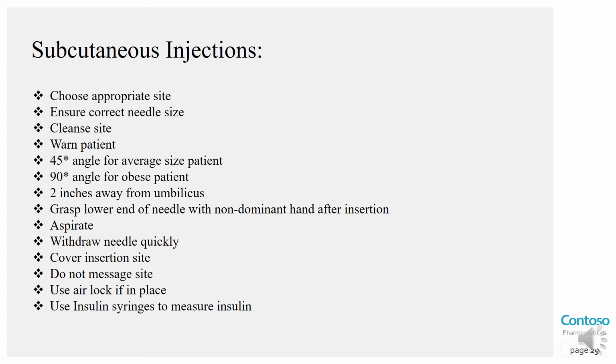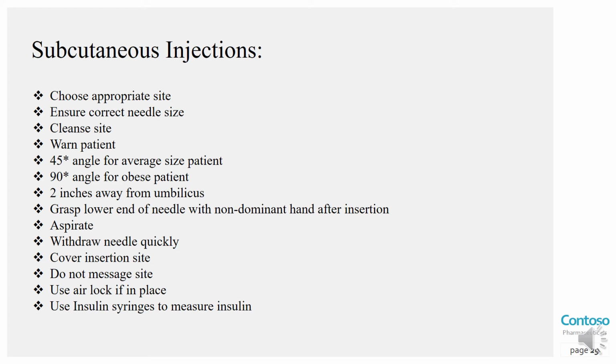Subcutaneous injections. These are injections that are administered into the subcutaneous space. We need to be sure to choose an appropriate site for the injection, again avoiding areas of bruising, rashes, inflammation, edema, or skin discoloration.